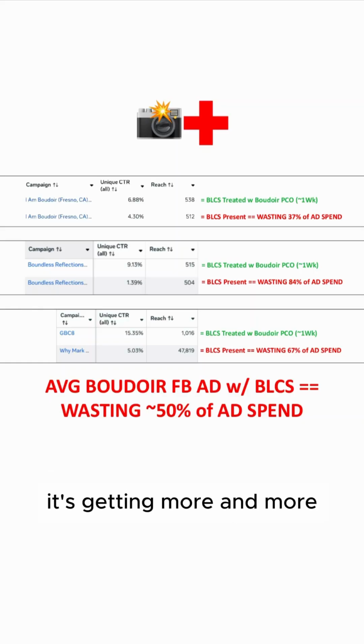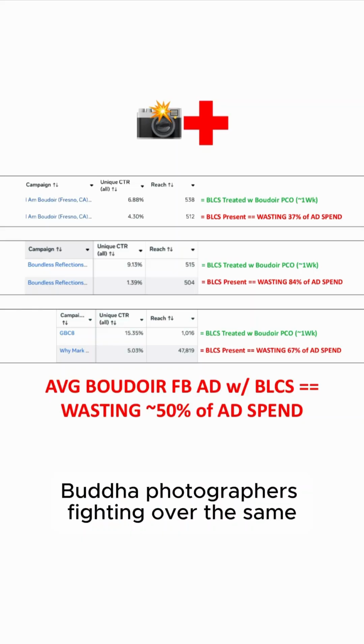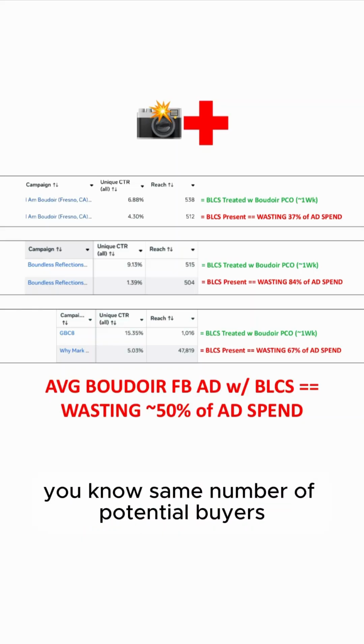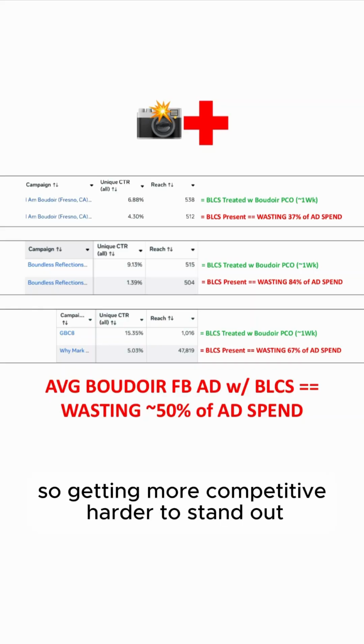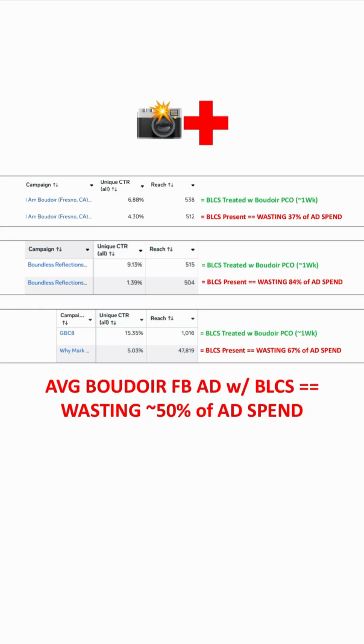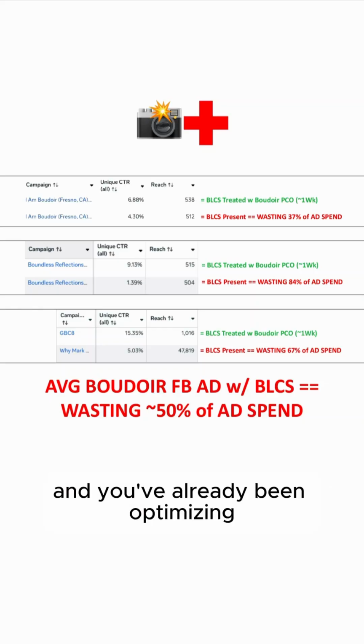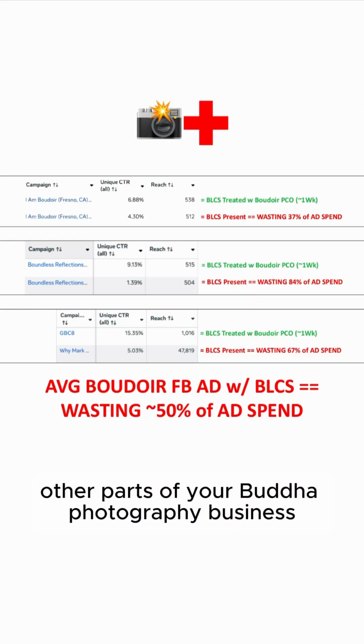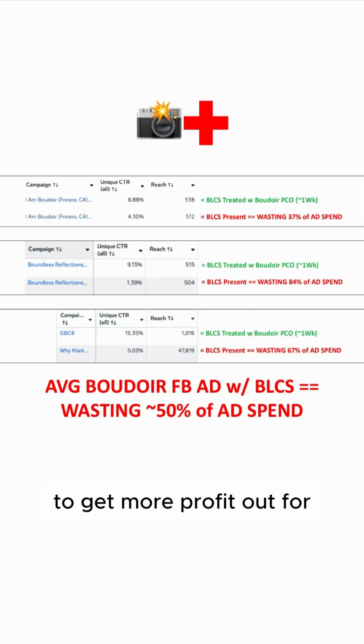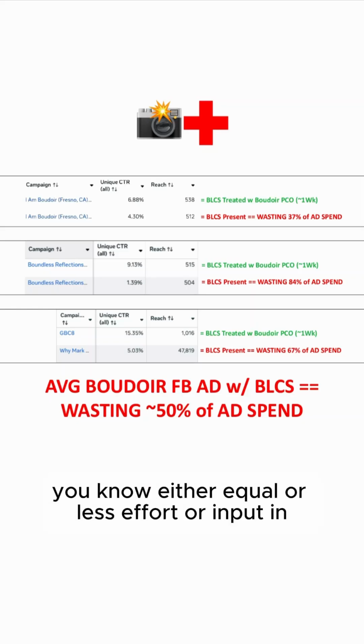So you see, it's getting more and more boudoir photographers fighting over the same number of potential buyers. So again, more competitive, harder to stand out. And you also see inflation, real life cost of living going up, just kind of everywhere. And you've already been optimizing other parts of your boudoir photography business to get more profit out for either equal or less effort or input in.